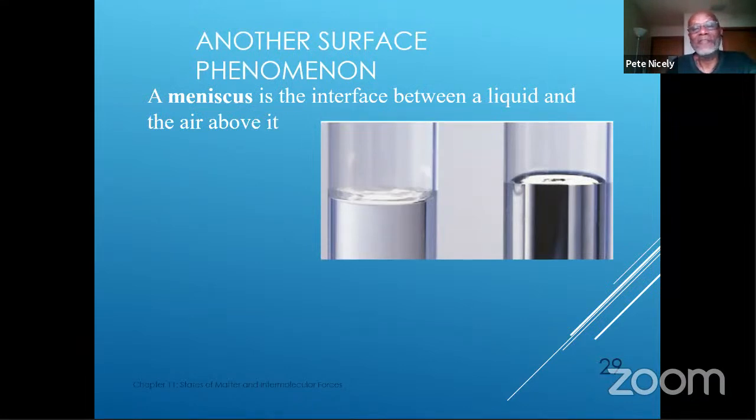Now, if you look at the meniscus, which is basically the surface of the liquid, right? Which is basically the interface between the air above the liquid and the liquid below it, right? If you compare the meniscus of water compared to the meniscus of mercury, you'll see that they're both concave in shape. But the difference is that the meniscus of water goes down and comes up, while the meniscus of mercury goes up and then comes down, all right?